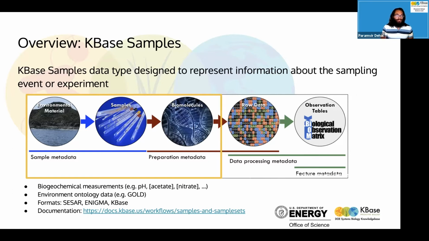You would be able to know that something like the geochemical measurements are linked to a particular set of reads, a particular set of KBase data objects. But also being able to associate more abstract content, like properties of what attributes of the environment are associated with that data object.